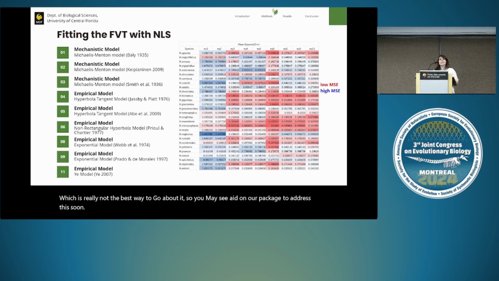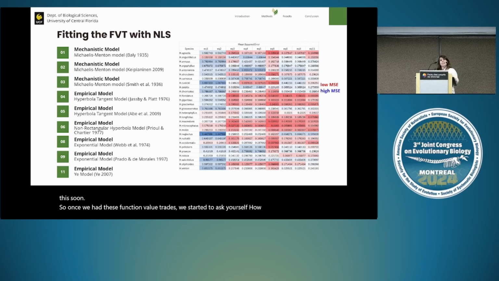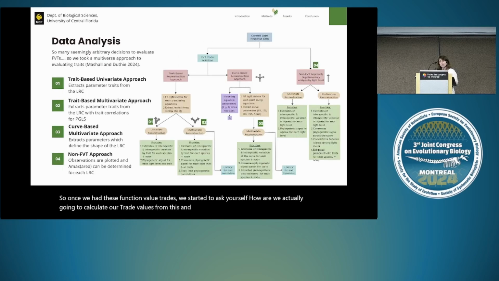So once we had these function valued traits, we started to ask ourselves, how are we actually going to calculate our trait values from this? And we took sort of a multiverse approach where we tested everything and then are going to report everything to you. So if you take your light response curve data and make a function valued trait with that, you can either take a trait-based reconstruction approach or a curve-based reconstruction approach.